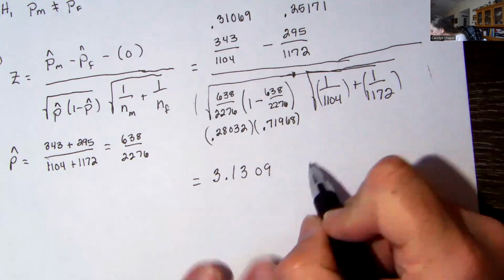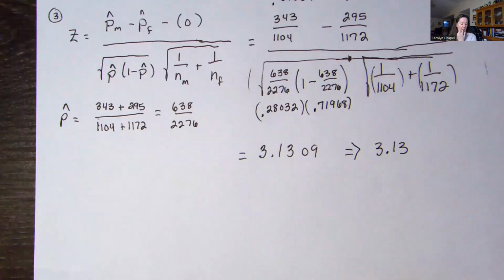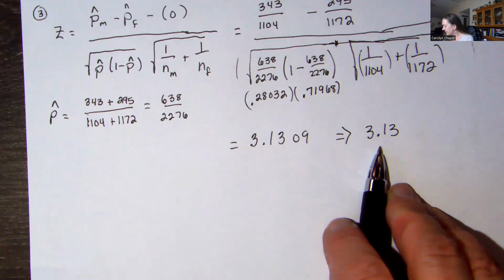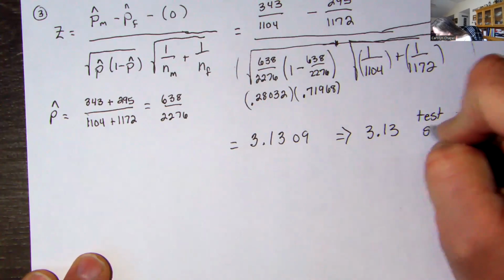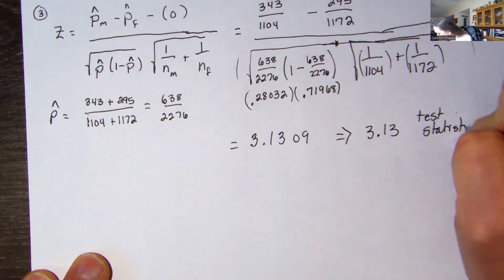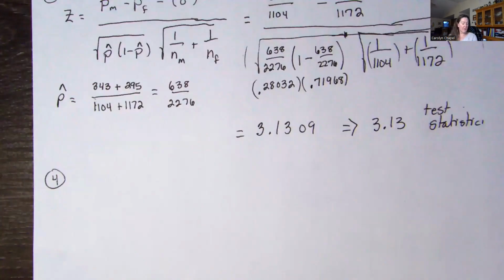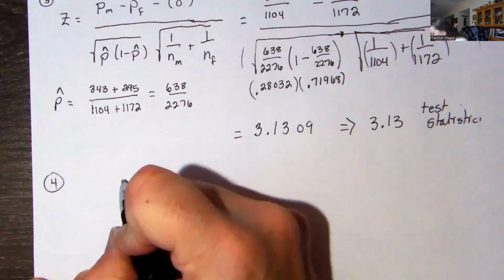So remembering, we usually go to 2 decimals because that's what our table has. So there is our test value of 3.13, our test statistic. Step 4 is where we find either our critical values or that p-value. So I'm going to do my 2 pieces.